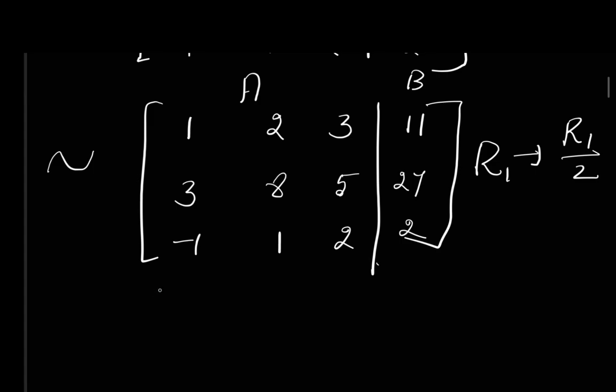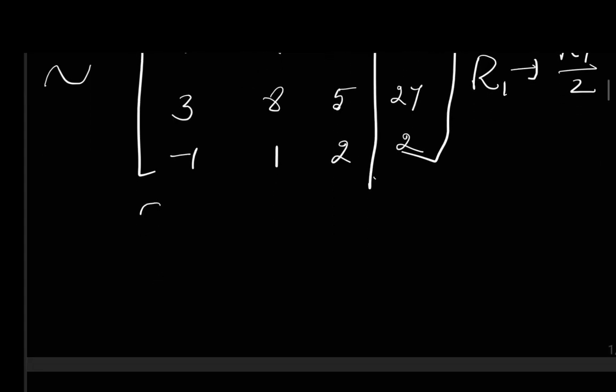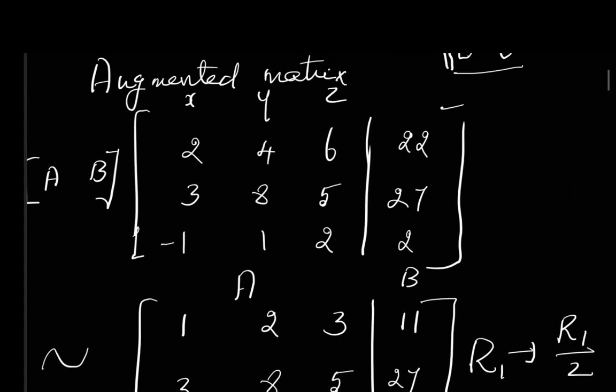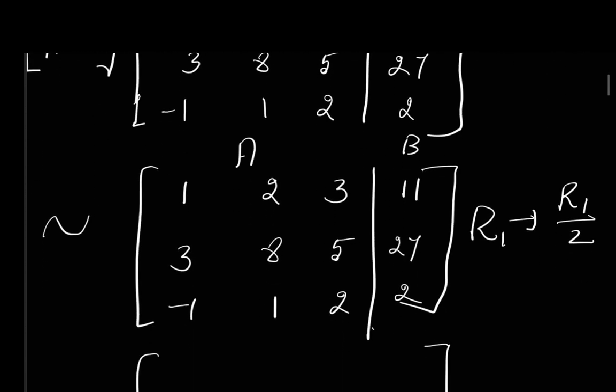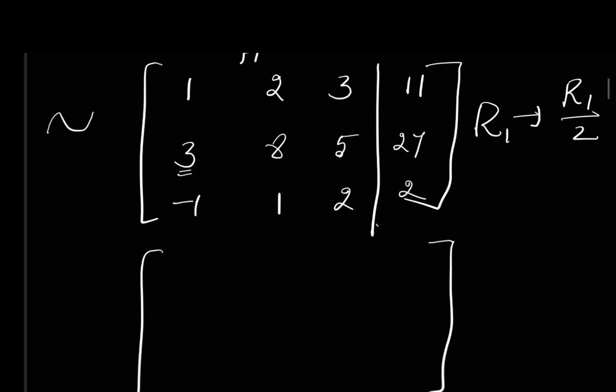Next step. You have got the first entry as 1. Next, the second row first entry should be 0, so I must make 3 as 0.